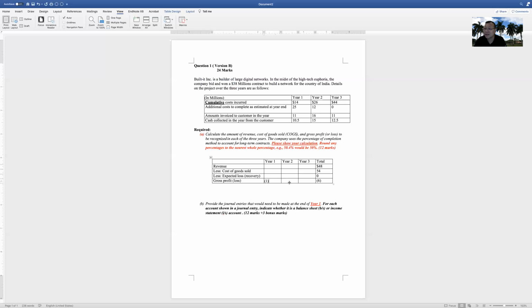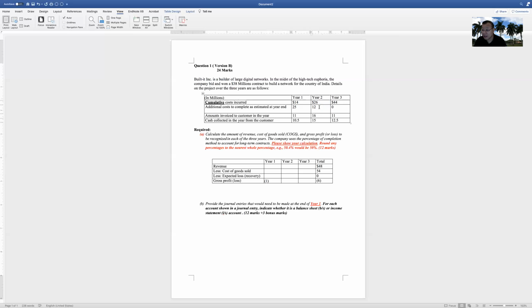Okay, good. And then let's take a look at year 2. In year 2, cumulative cost incurred is 26, and they need an additional 12 to finish. So now total estimated cost is 26 plus 12, which is 38. That's exactly equal to the price.